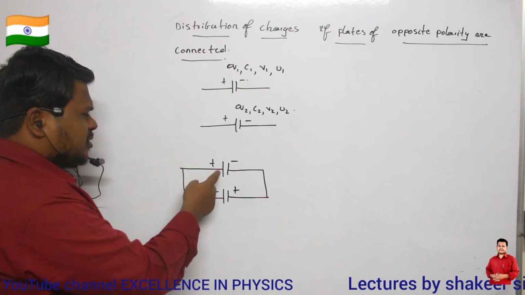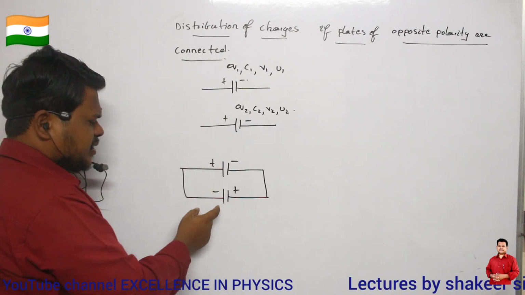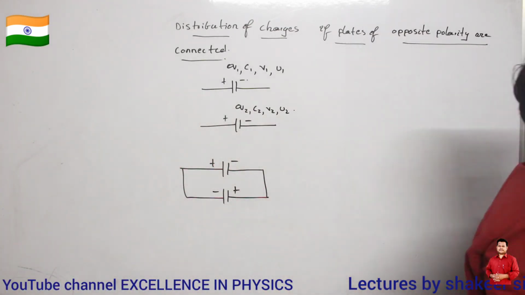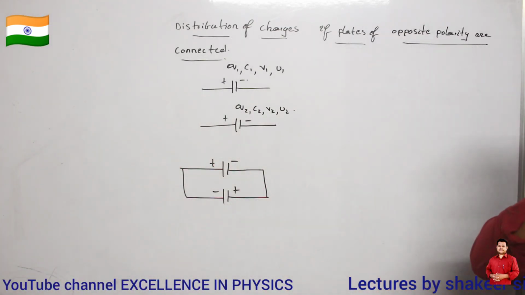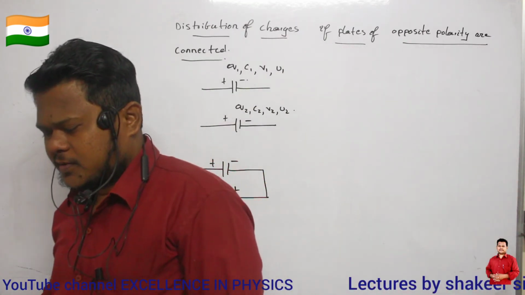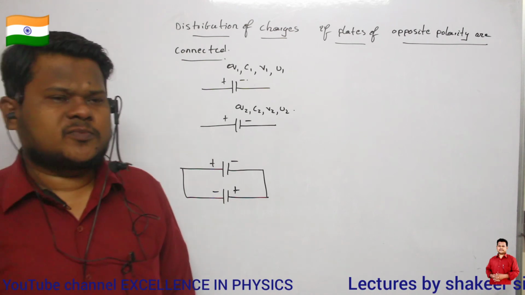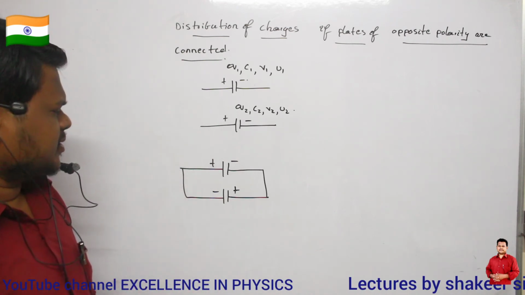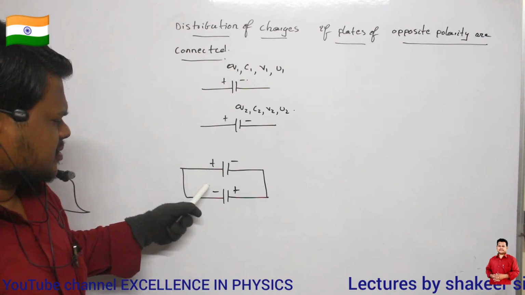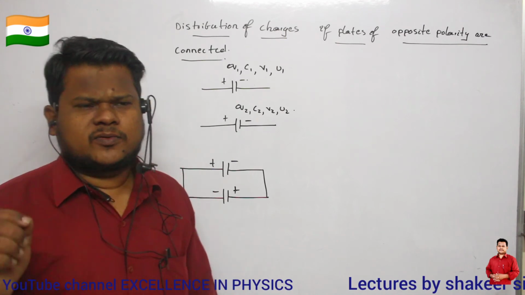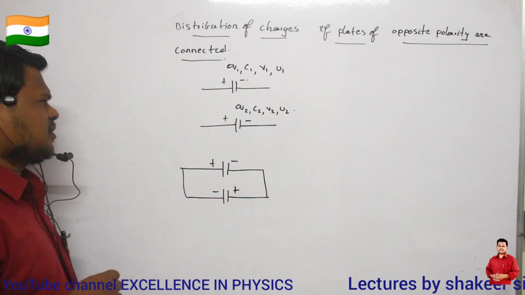So when the positive plate of one capacitor is connected to the negative plate of another capacitor, how will charges redistribute? Can anybody say?